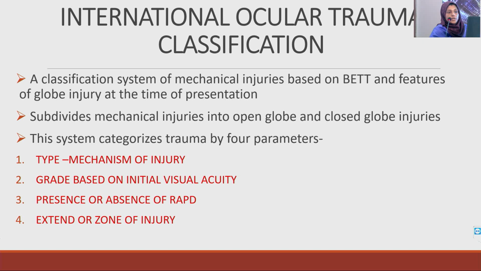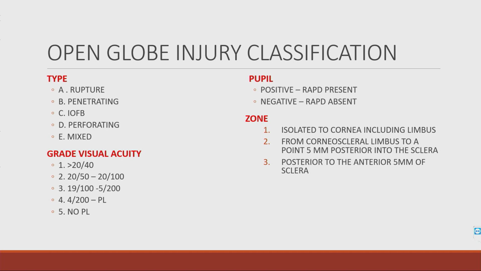The International Ocular Trauma Classification is a classification system of mechanical injuries based on features of globe injury at the time of presentation. This system categorizes trauma by 4 parameters. Type means the mechanism of injury; grade is based on initial visual acuity; then presence or absence of RAPD; and extent or zone of injury.